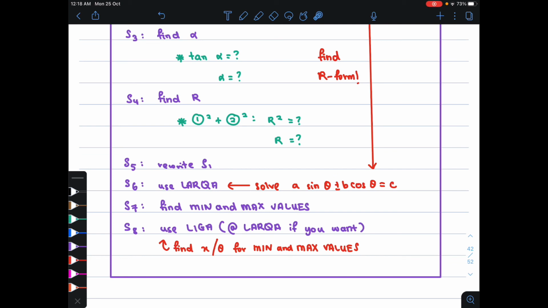So for step 6, 7 and 8, it depends on your question. Sometimes the question may ask you to find the minimum and maximum values only. Or sometimes they just want you to find the values for min and max values. Just read your question carefully and determine which steps that you need to do.